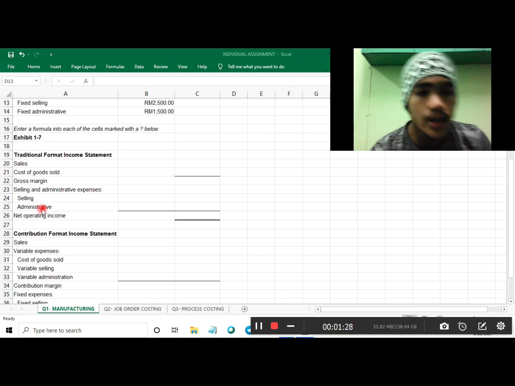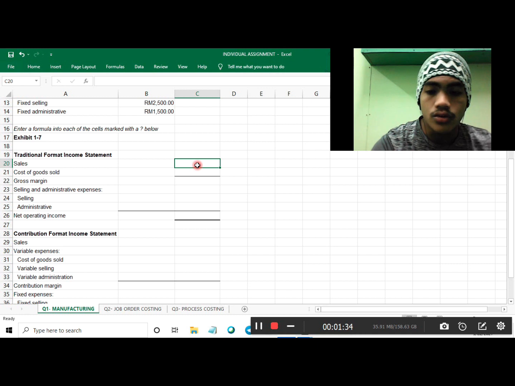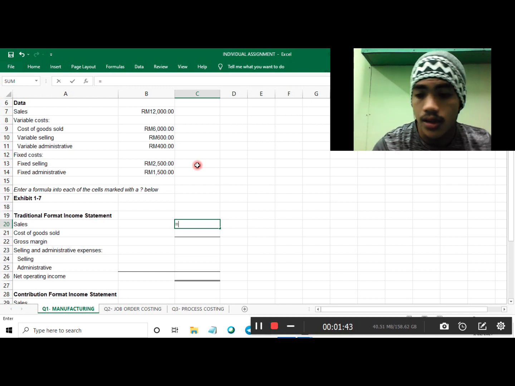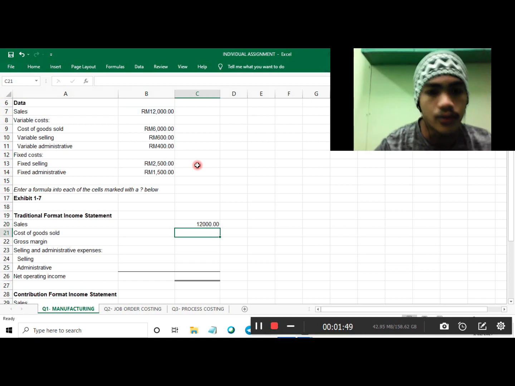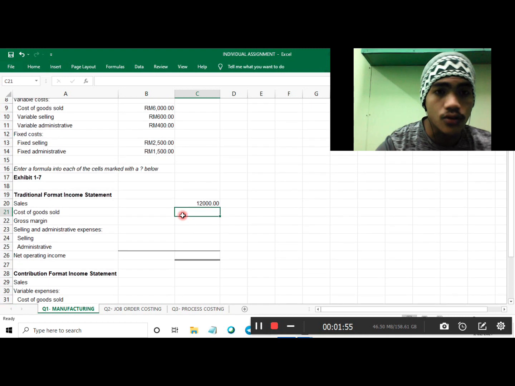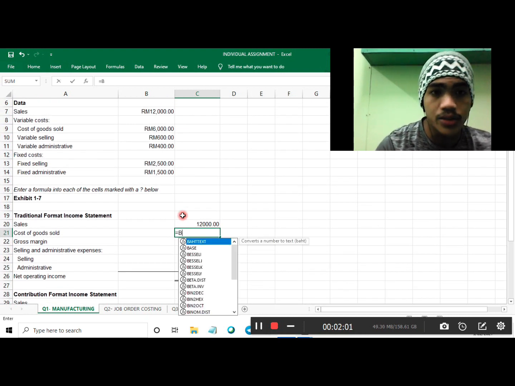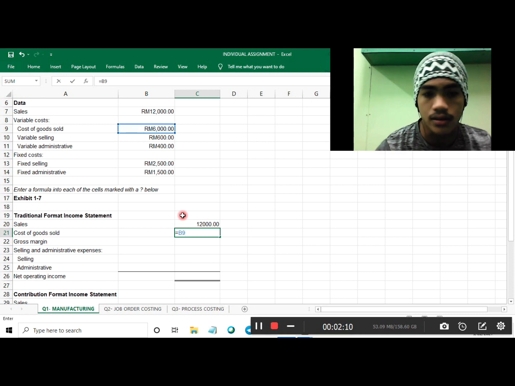for the income statement. Okay, so for sales we get from the data using the formula equal, which is, I have sales 12,000 ringgit, B7. We get 12,000 ringgit, and then minus cost of goods sold, equal B9, 6,000 ringgit.